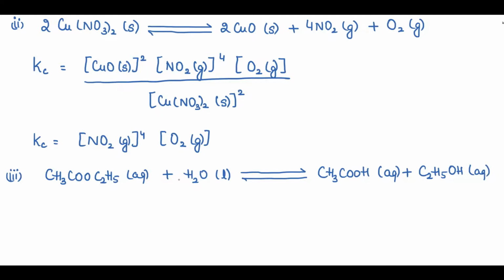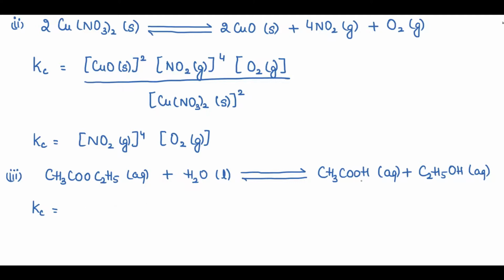Now if you see, we have a liquid in this reaction, that means the concentration of this pure compound will be 1, right? So we can ignore this concentration, but we will write the initial concentration first, or you can say the overall expression for equilibrium constant.